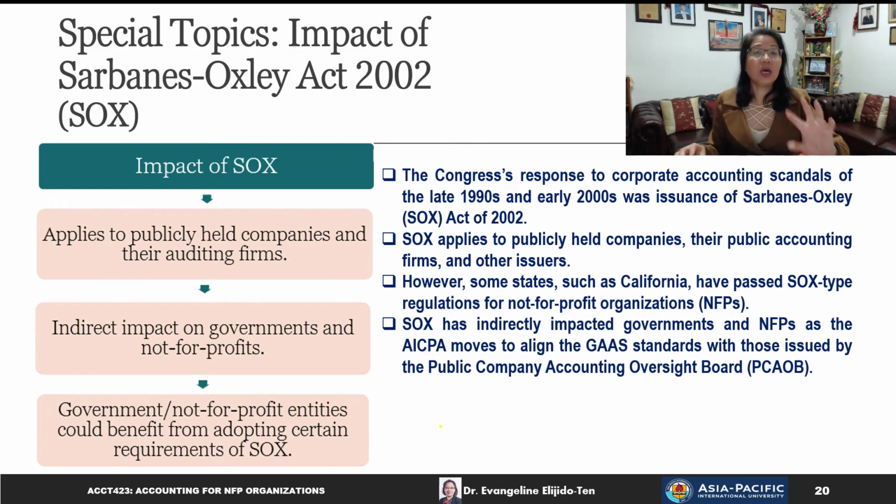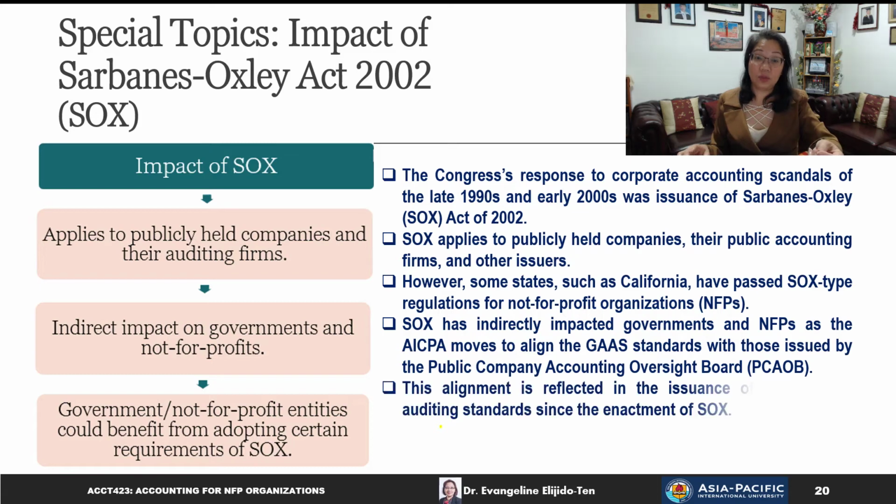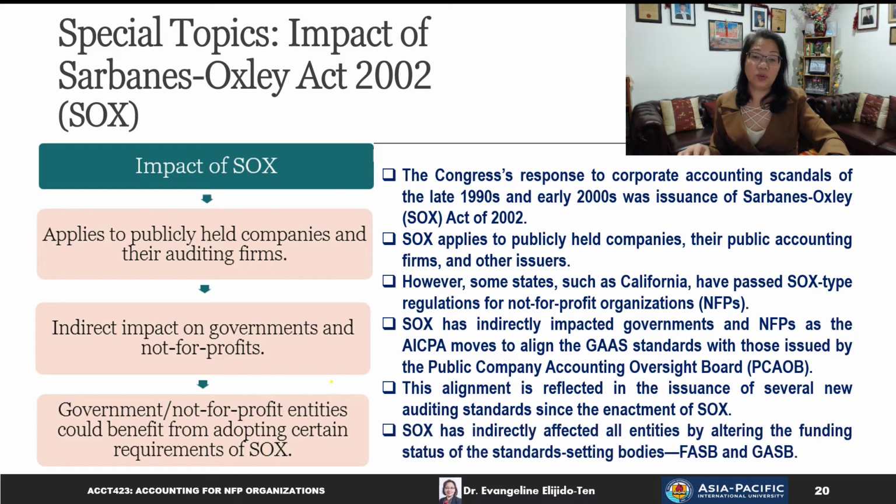Because of this indirect impact, governments and not-for-profit entities could benefit from adopting certain requirements of SOX. This alignment by the AICPA of the GAS standards is reflected in the issuance of several new auditing standards since the enactment of SOX in 2002.